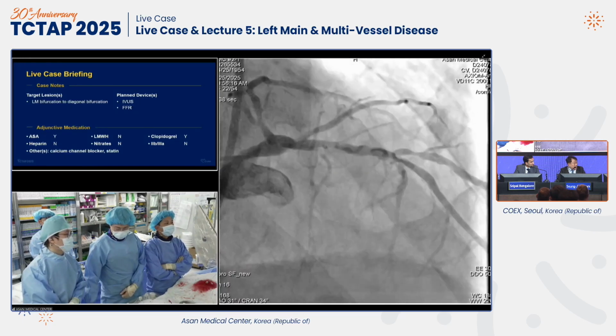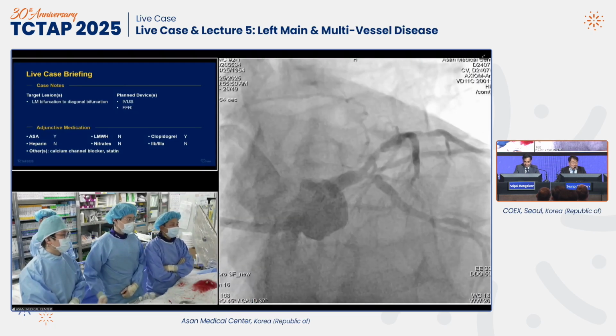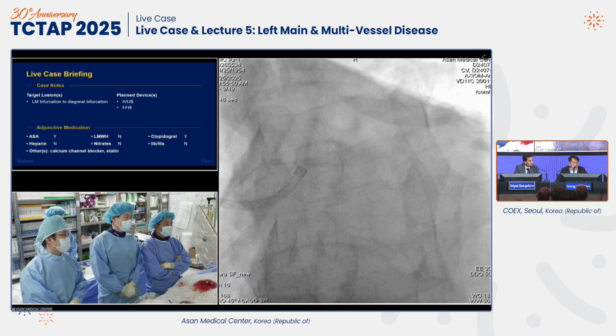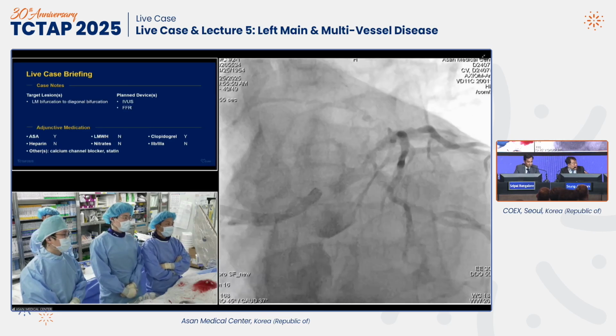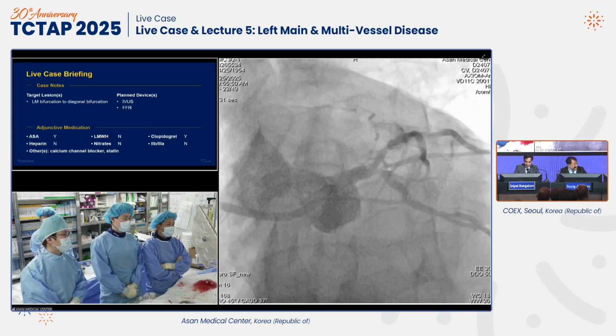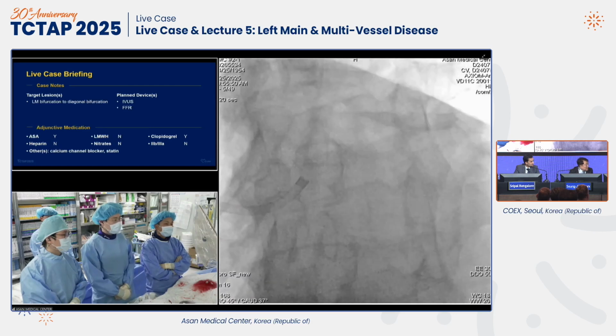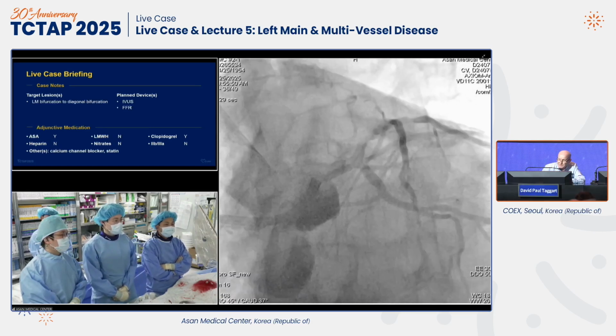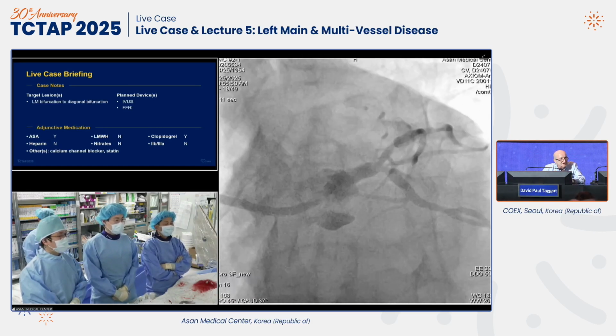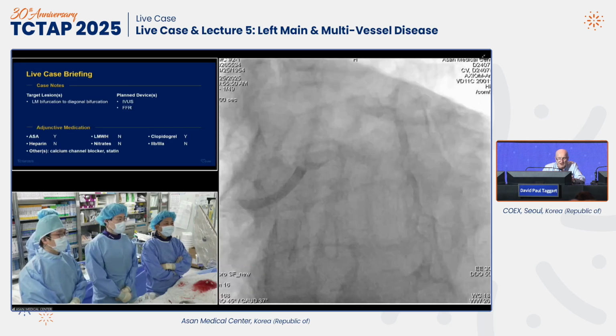This is the left main disease and some collateral to the circumflex with diffuse disease. So what do you think? Is he a candidate for surgery? Yeah, a definite candidate for surgery, assuming there are no contraindications, and I couldn't see that there were any.